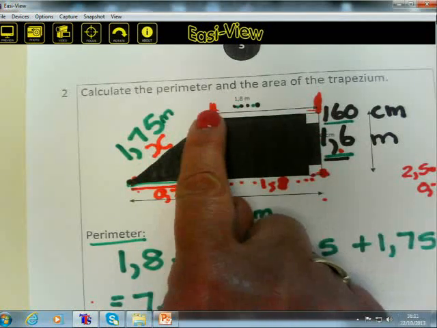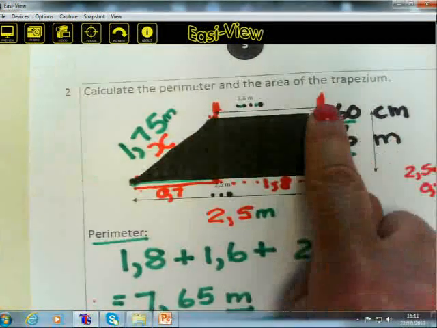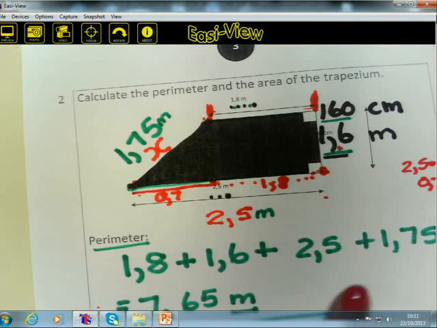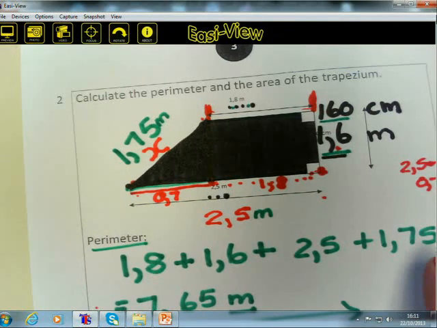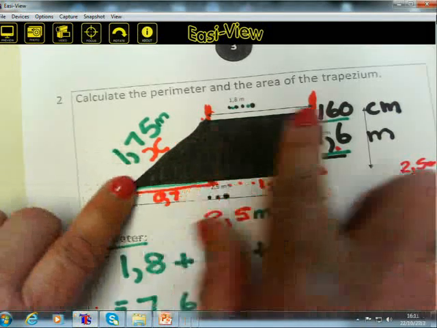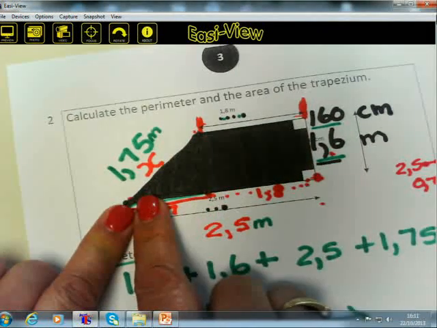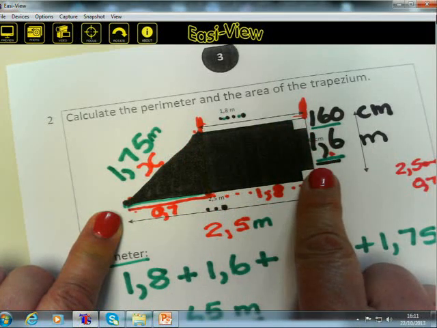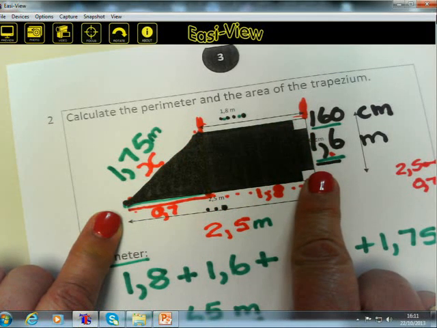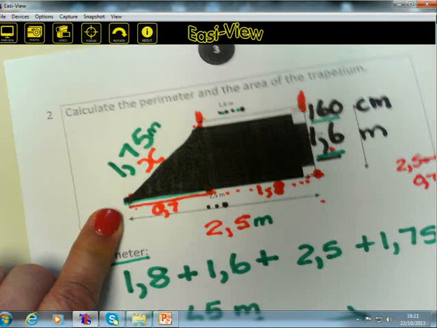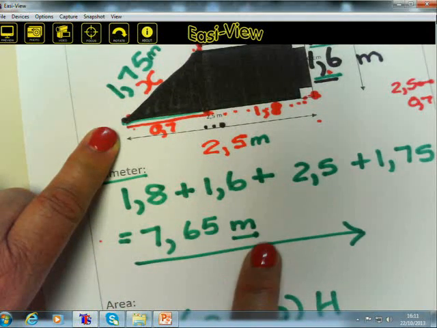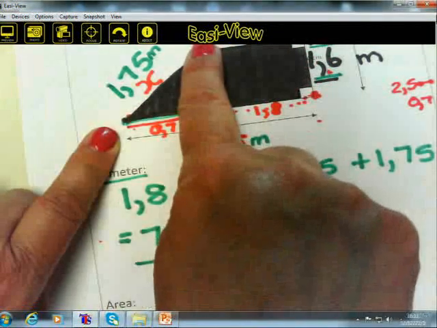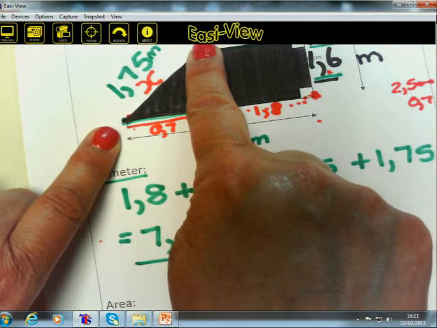1,75 here, plus 1,8, plus 1,6, plus 2,5, and that gave me the perimeter. So if I have a swimming pool that looks like this trapezium, and I want to put fencing around it, how many meters of fencing will I need? I will need 7,65 meters of fencing to put around my swimming pool. That is perimeter.